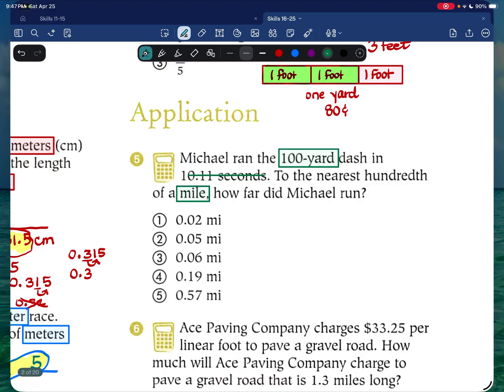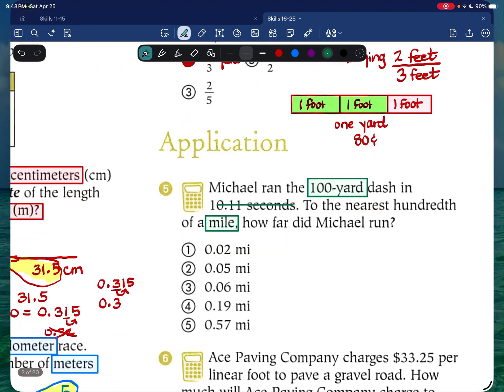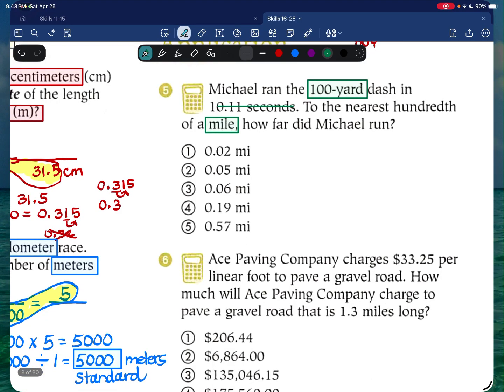So when I look up at my chart, I see that 1 mile is 5,280 feet. So we know that 1 mile is equal to 5,280 feet. But we want to know yards, okay?